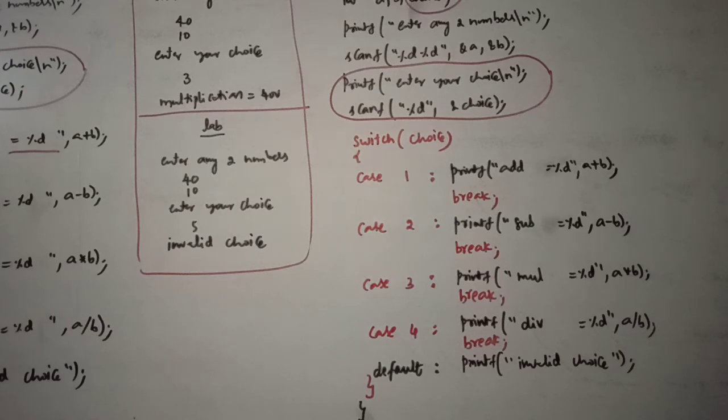Any program like these, you can use an if-else-if ladder, or you can use switch case. Look at the opening brackets and closing brackets clearly. Case 1 is choice 1, case 2 choice 2, case 3 choice 3, and case 4 is choice 4.